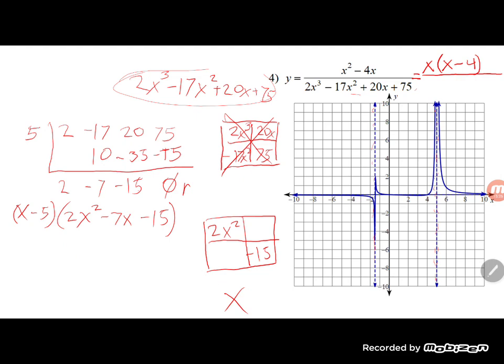We do a times c, which would be negative 30, adding up to negative 7, which is b, that middle term. So 2 numbers that multiply to negative 30 but add to negative 7. What could they be? Pause and ponder, and then realize that we could use a negative 10 and a positive 3.